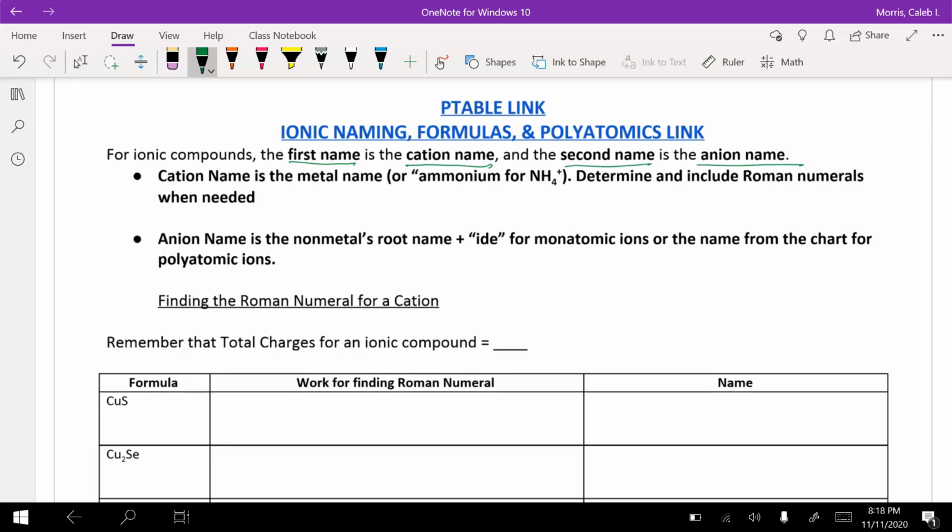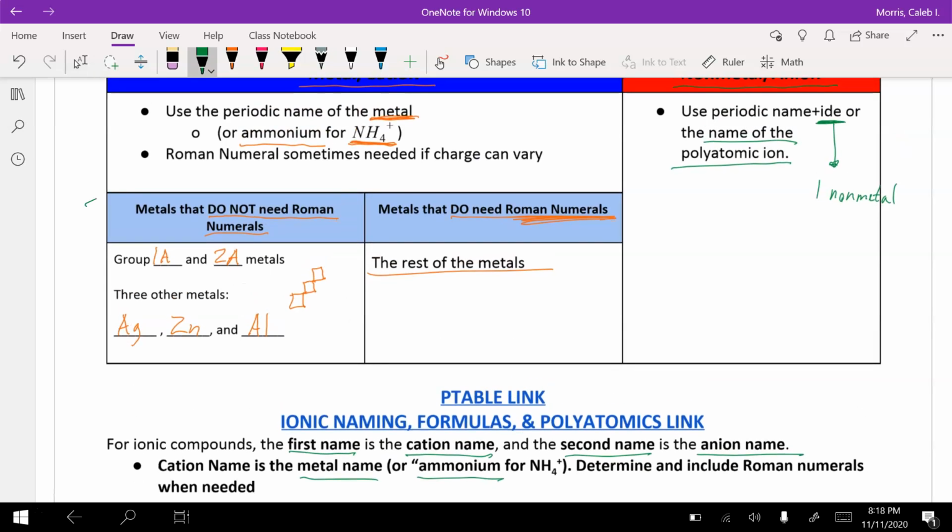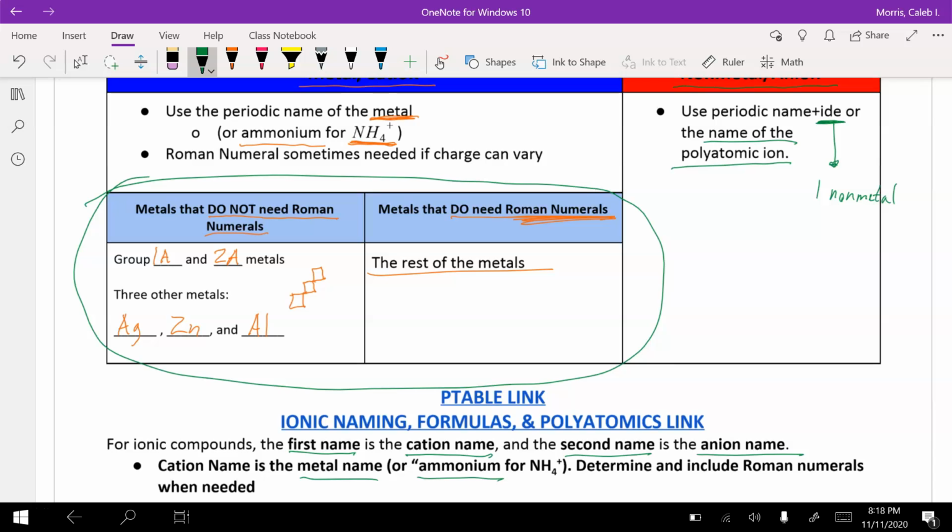The cation name is just the metal name, like we said just now. Or it might be ammonium. That's if it's NH4. We will determine and include the Roman numerals when needed. Sometimes it's there, sometimes it's not. Remember, you refer to this part of the table to decide whether or not you need a Roman numeral.